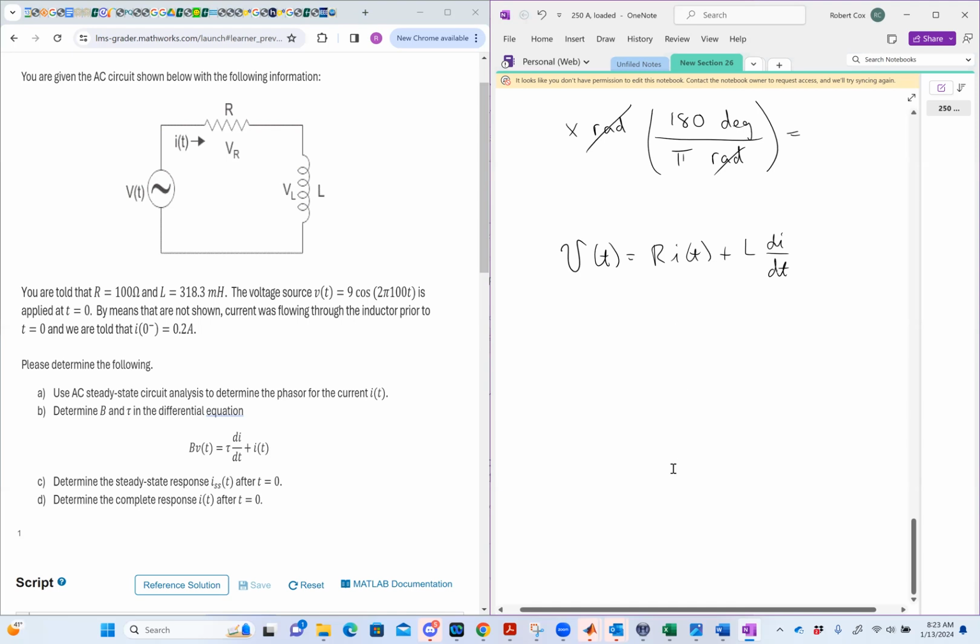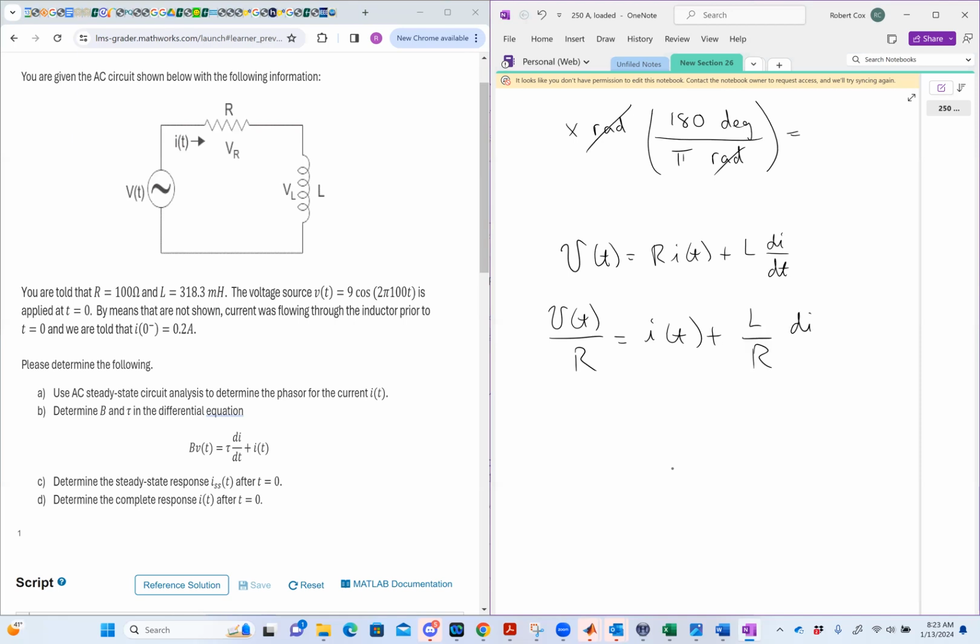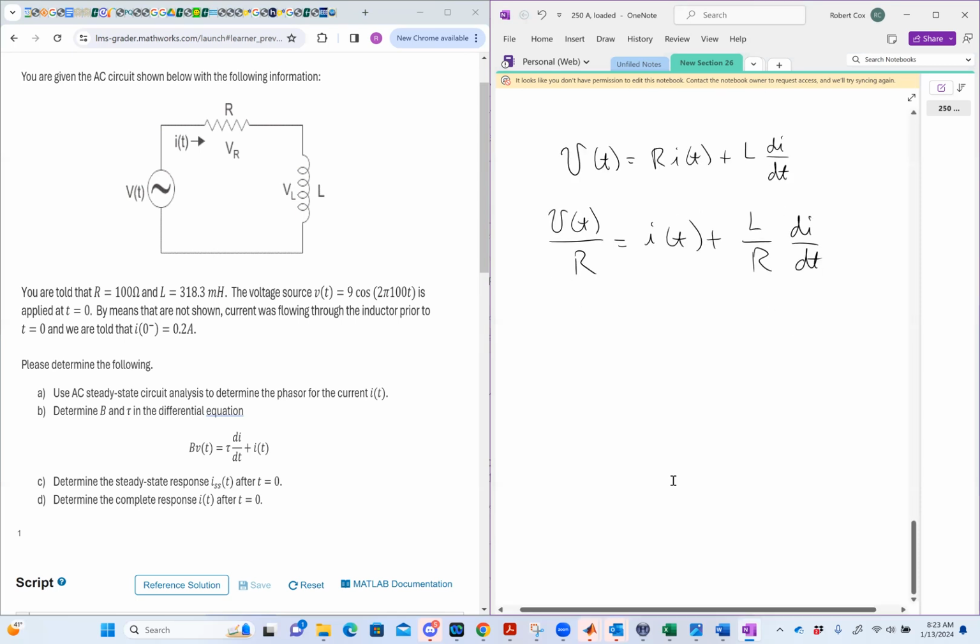That says I have to multiply both sides by R. So I have V of t over R equals I of t plus L over R di by dt. Now that's in the same form that I gave in the problem.